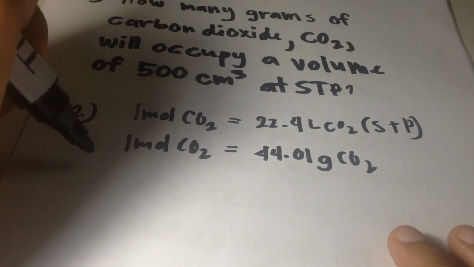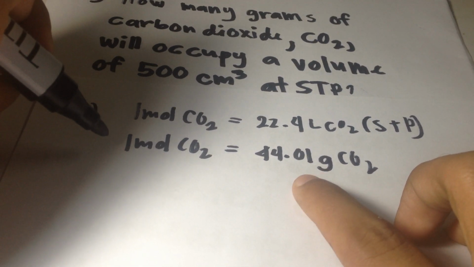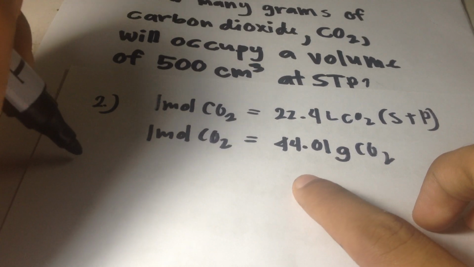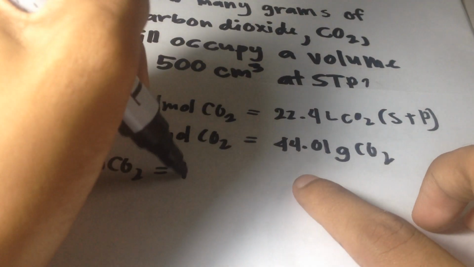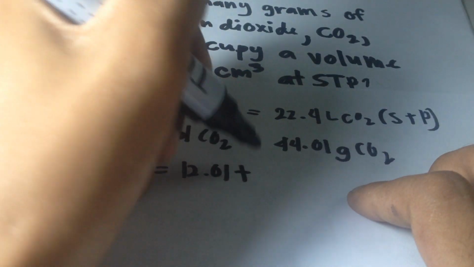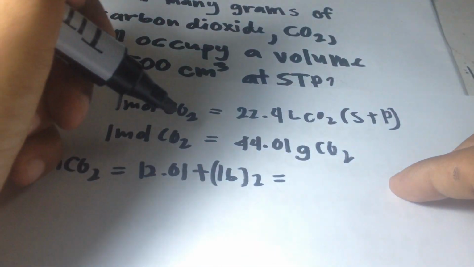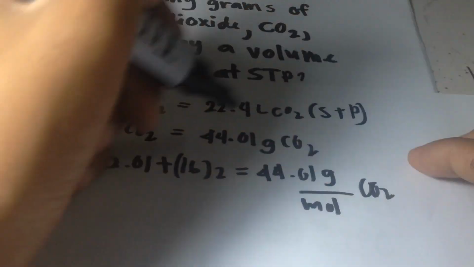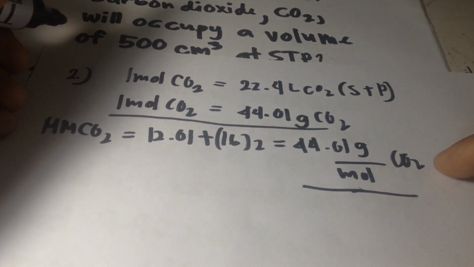Okay, this unit will be the molecular mass. So the molecular mass of carbon dioxide is equal to 12.01 plus 16 times 2, which is 44.01 grams per mole of carbon dioxide. These are the same.